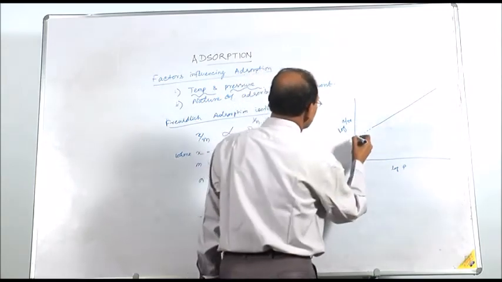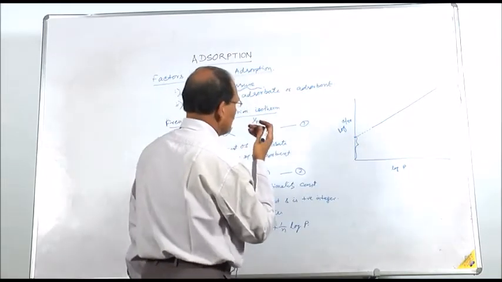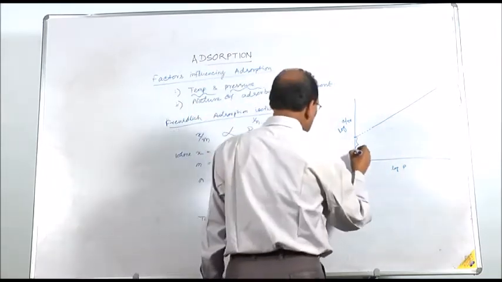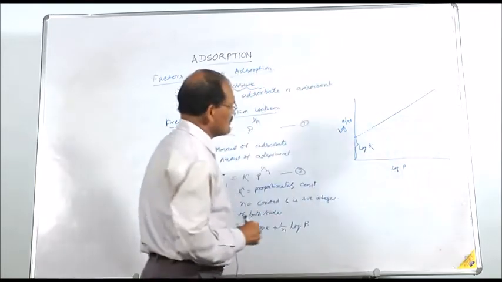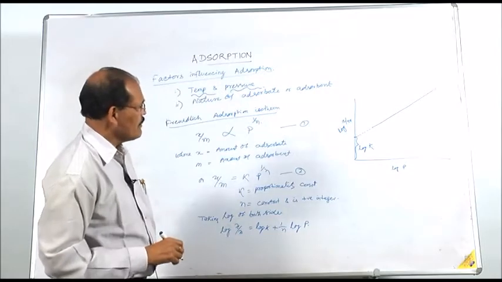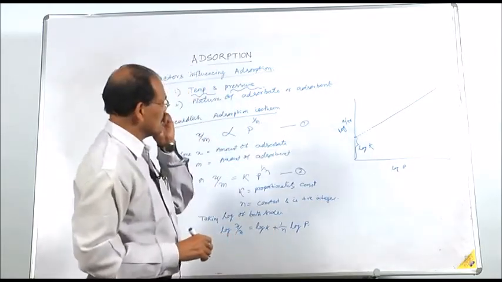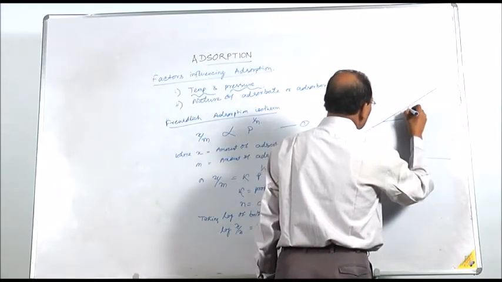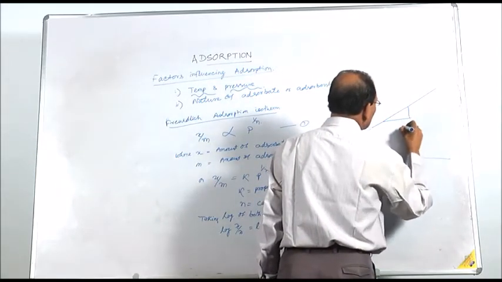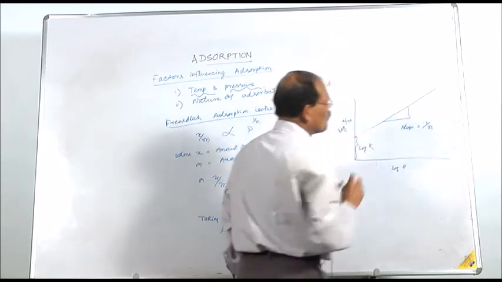So, it intersects at the axis, and that value is log k. From this intercept, we can calculate the value of k, the proportionality constant, and the slope will give the value of 1 by n.